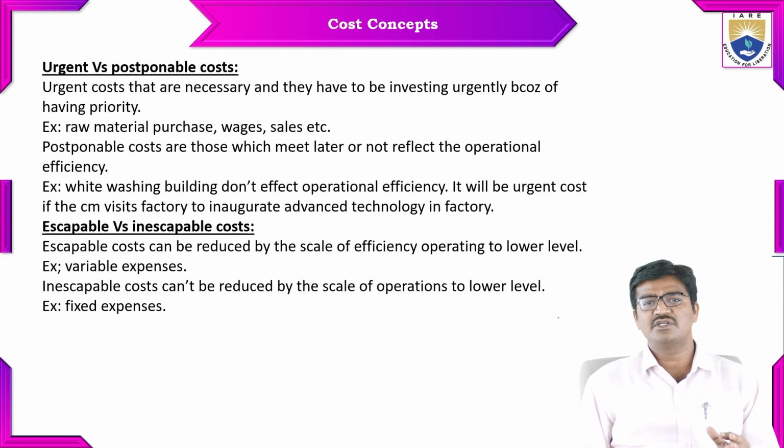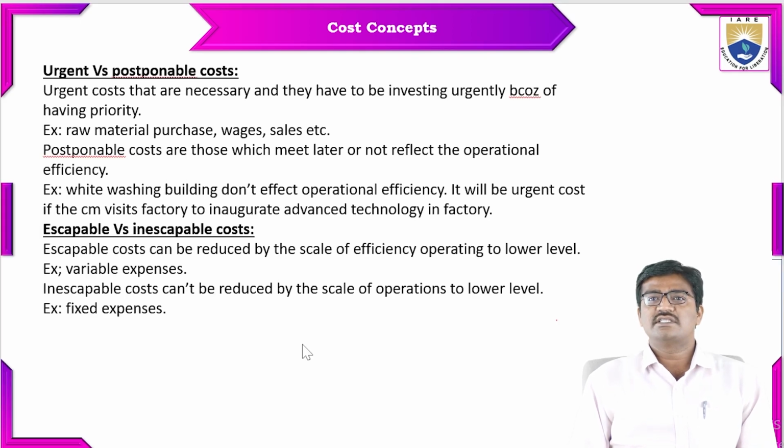If you stop the production, you can completely skip all variable costs, but you cannot skip fixed costs, even if you have reduced the production or made the production quantity zero. So you cannot escape from incurring fixed costs. That's why they are called inescapable costs. With this, the cost concepts are completed.